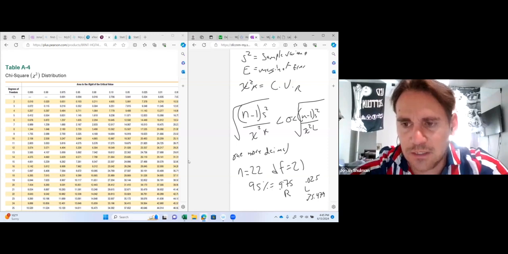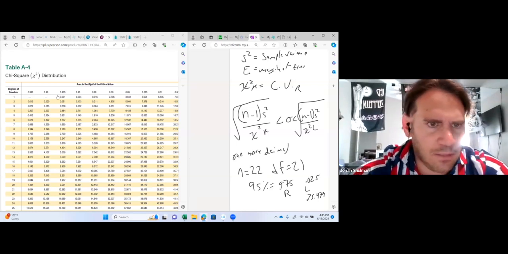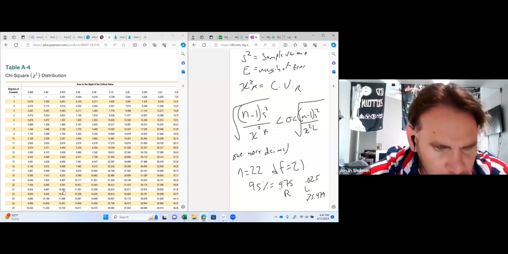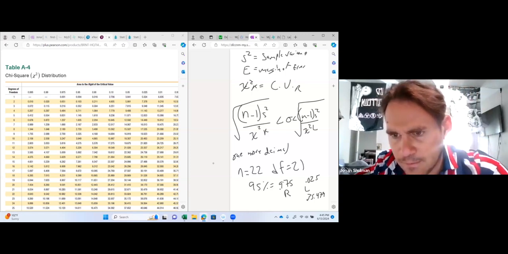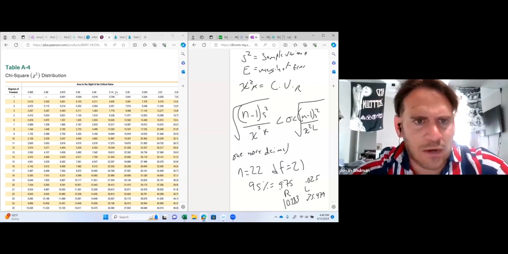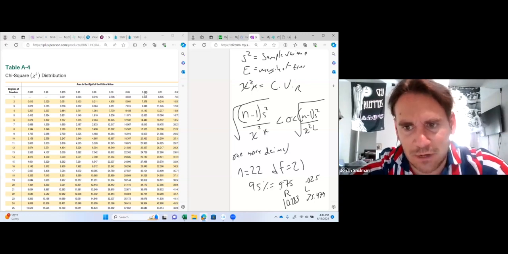And the other side is going to be 0.975 and 21, which is 10.283. All right, so these are the two things we've got. Area to the right of the critical value. If it's 95%, right?